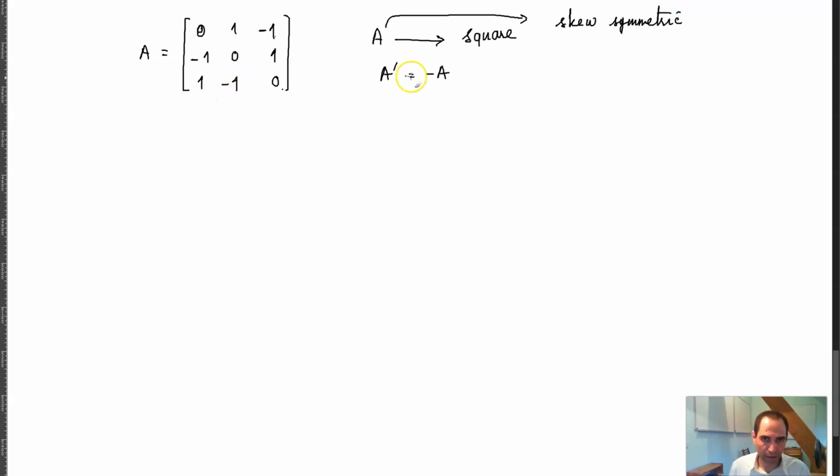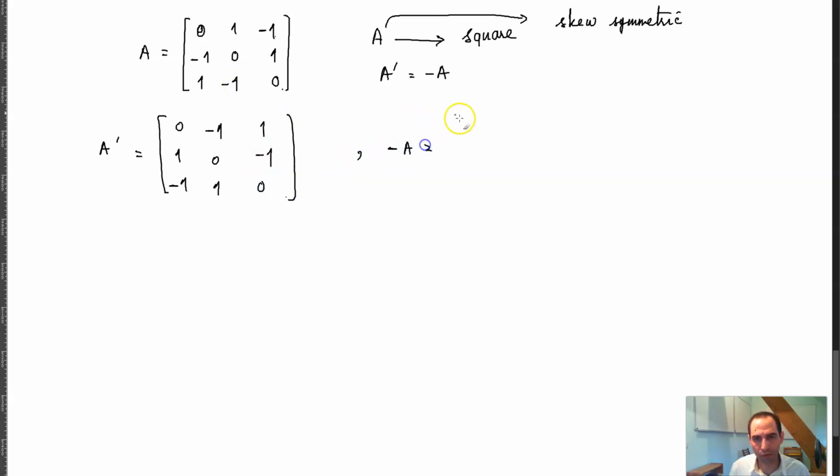Which means that I calculate A prime, and that is basically 0, 1, negative 1, negative 1, 0, 1, 1, negative 1, 0. And also negative A, multiplying negative 1 by each and every one of these elements, would give you 0, negative 1, 1, 1, 0, negative 1, and negative 1, 1, 0.